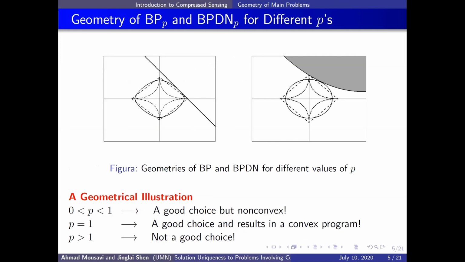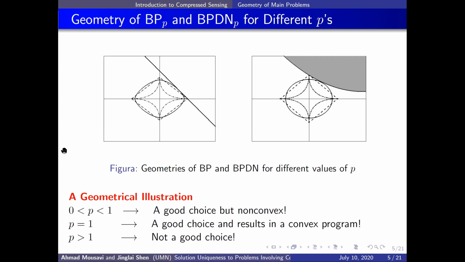So here's the geometry of what happens when you have different P's. As you can see, this is y equal to Ax on the left side. And then these are the unit balls for different LP norms, and P between 0 and 1. You have this non-convex unit ball inside that diamond shape.